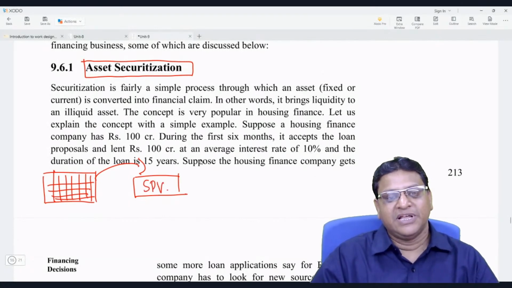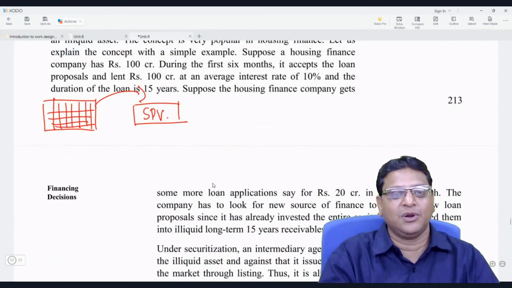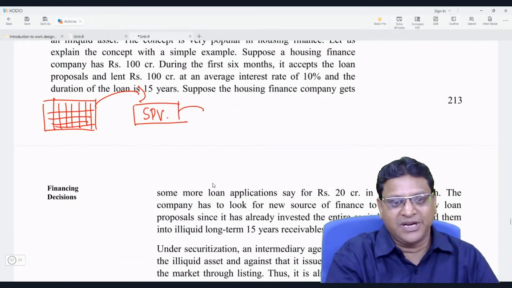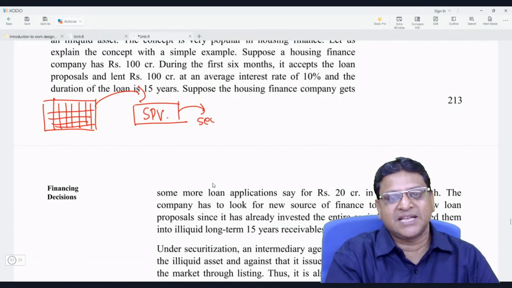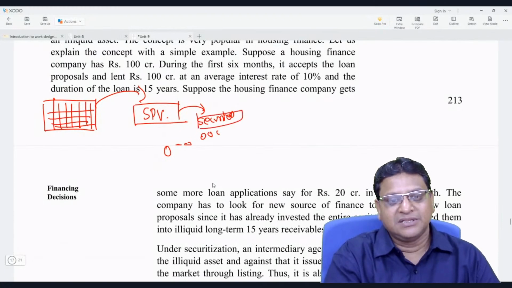Then the SPV converts the loans into different securities and sells the securities in the market, and the persons who buy the securities ultimately own the asset.